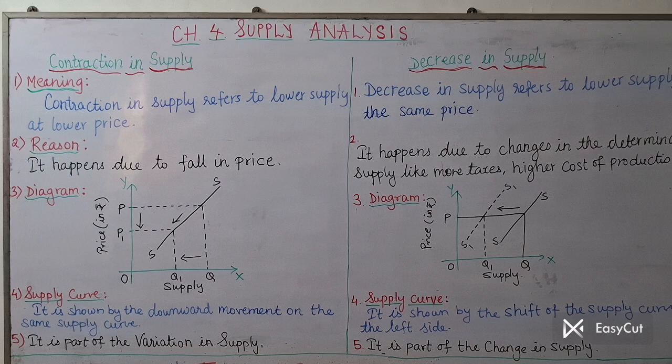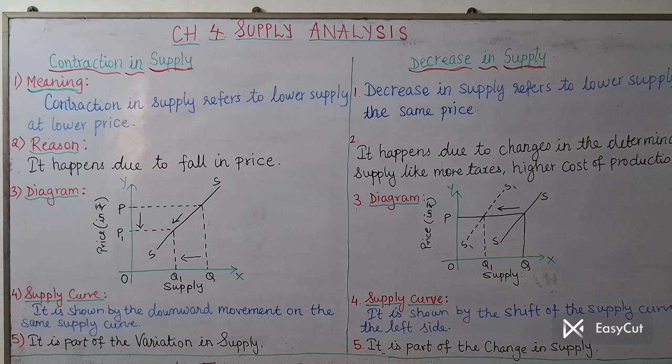When we discuss contraction, price lowers, supply lowers. That is the normal case. But in decrease in supply, the price remains the same and still the supply is lower. So the meaning is over. I hope you got the meaning.